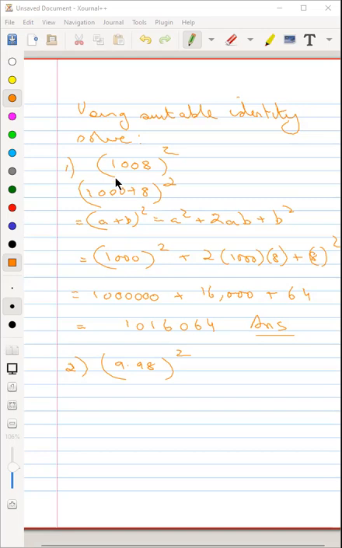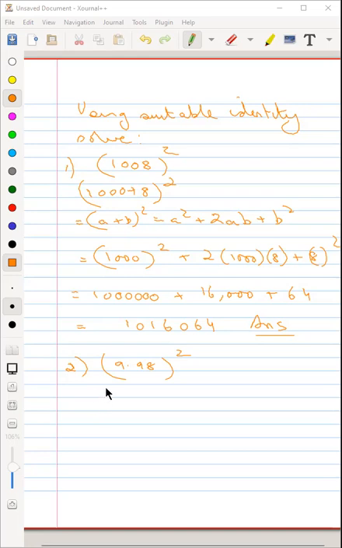Ishan, that's correct. Aryan, let's solve this.